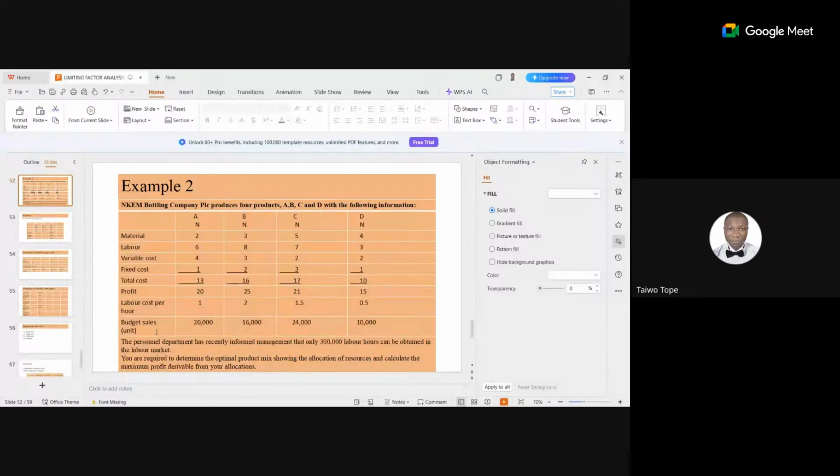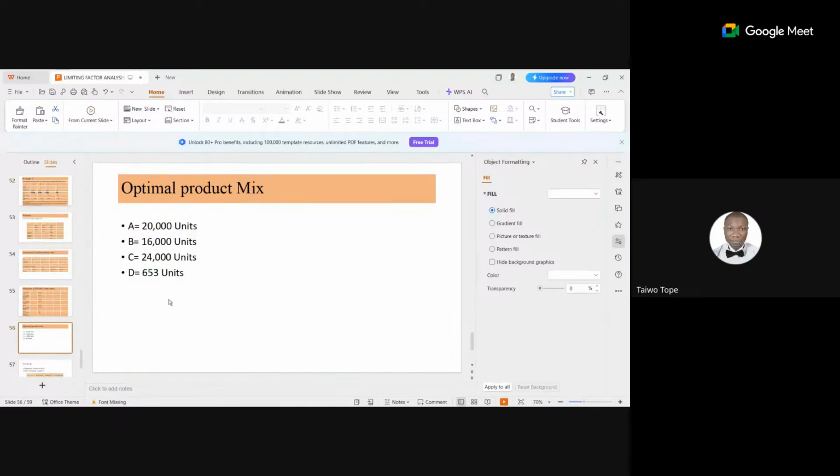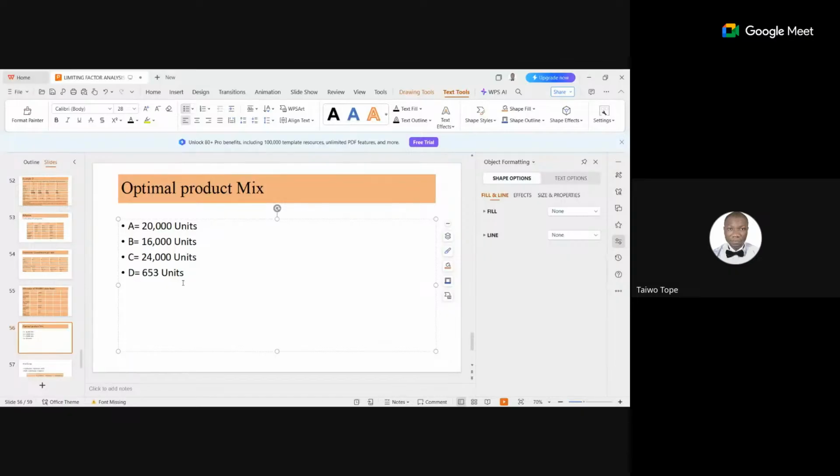Because fixed costs do not change with the level of output. The fact that we have 653 units here does not mean that the fixed cost will reduce to 653 units. It's a cost that has been incurred and remains constant over time. That is why we will not say 1 multiplied by 653 units. It will be 1 multiplied by the budget that has already been made, which is 10,000.